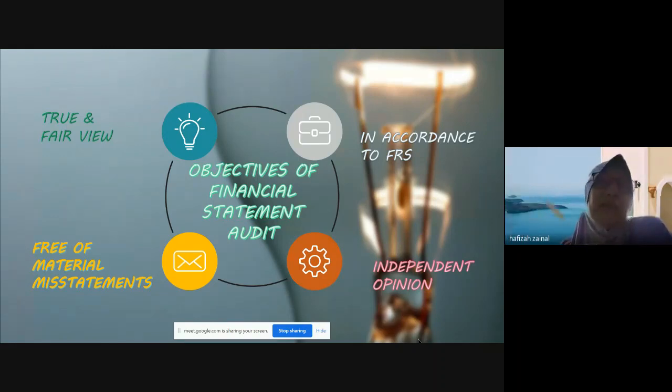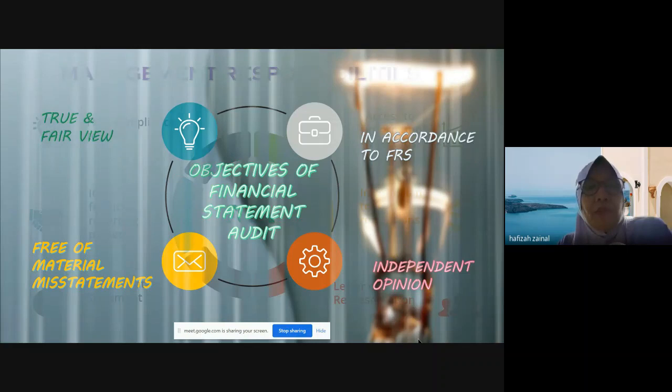At the same time, we also boost the trust and confidence of the public towards the value of the information that we have audited or checked. So these are basically the main four objectives of why the external auditor does the financial statement audit.